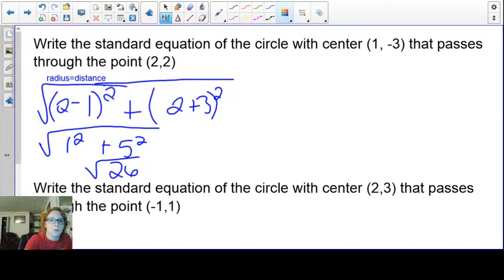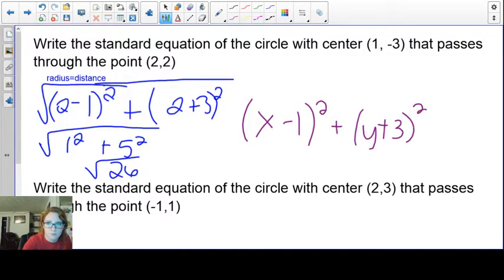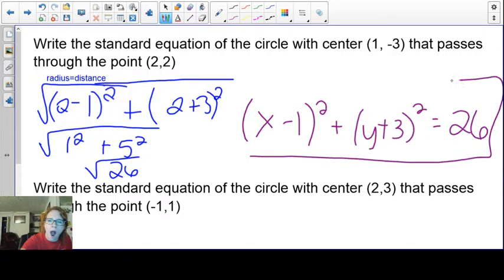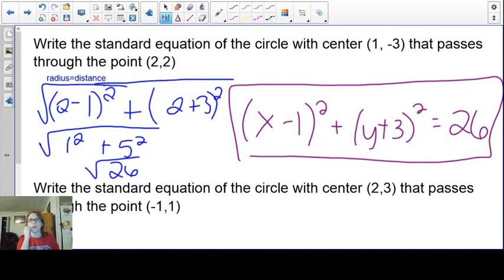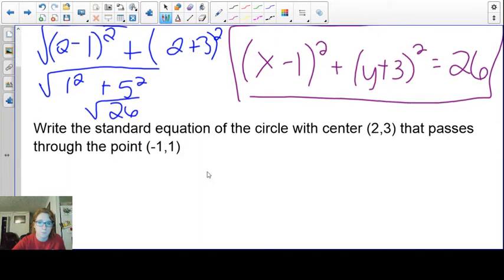So then the equation is going to be x minus 1 squared plus y plus 3 squared, which is equal to 26. Because if your radius is the square root of 26, when you square it, your answer is 26.